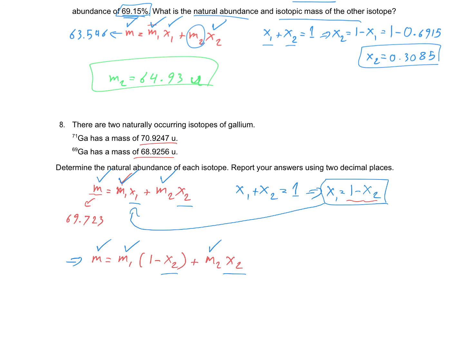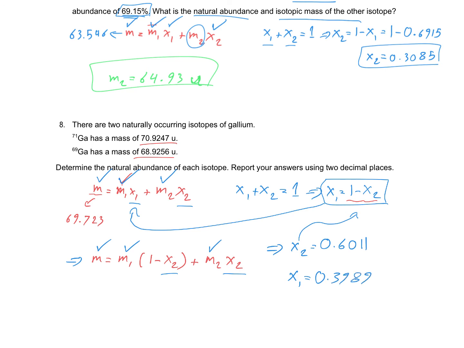Again, I'm not going to go through this, but you have to show your work. I give you the final answer. So from this formula, you will get 0.6011 for x2, and then you put this x2 into this formula and solve it for x1, and then x1 will be 0.3989.